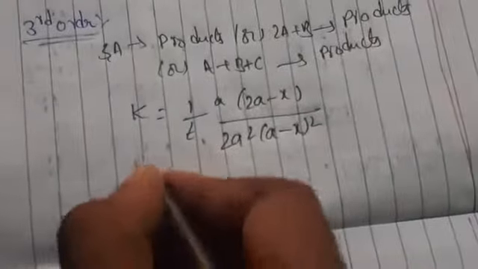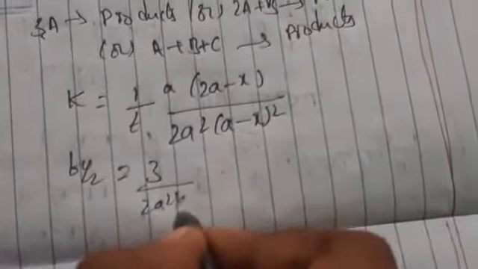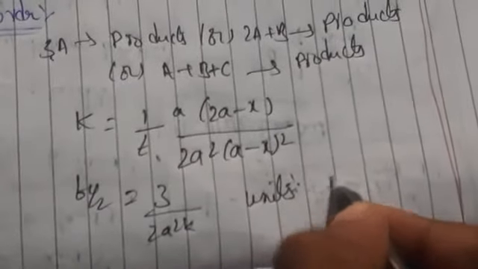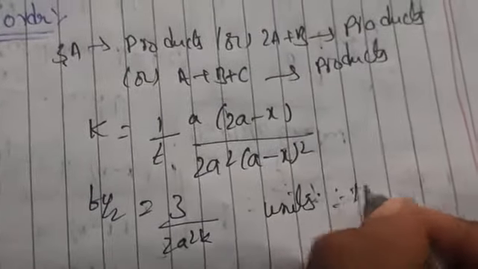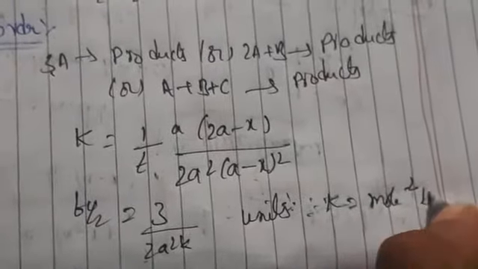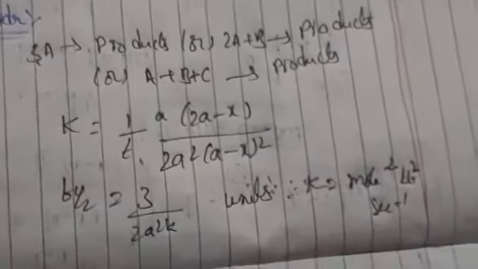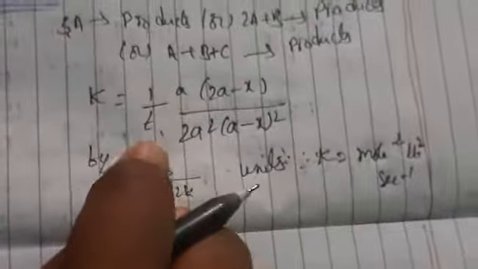The t half equation we are having is 3 by 2a square k, and units we are going to get here is k equals mole minus 2 liter square second inverse. Okay, so mole inverse square liter square will give second inverse. Why? Because 1 by t.